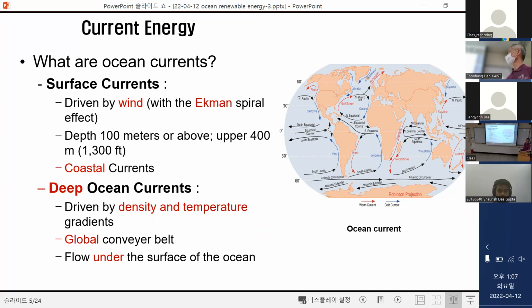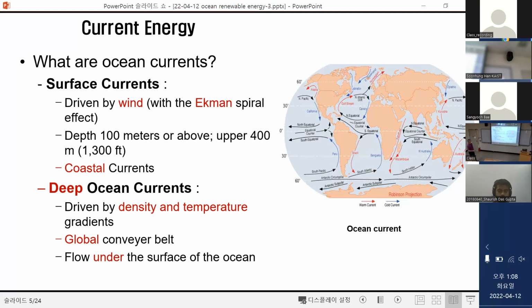This one is called the global conveyor belt. They transport some biomass or bio items to different places. This one is also a current.